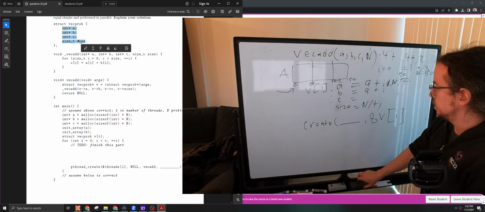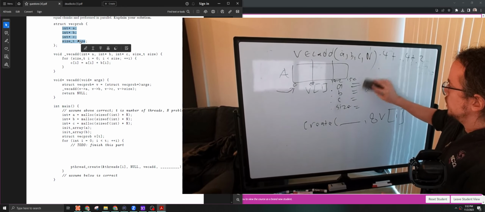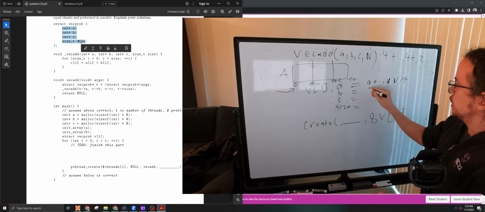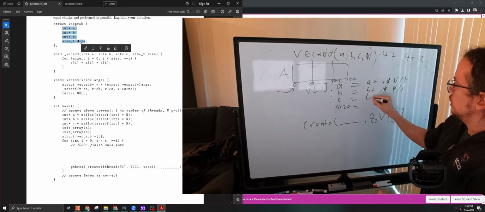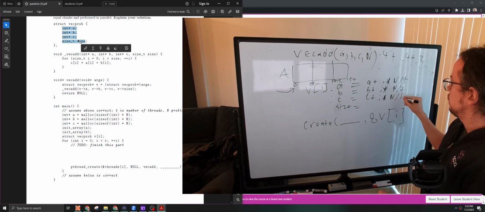So the overall solution, if I clean this up a little bit, is that the B and C arrays work the same way. So overall, you want A plus I times n over t, and likewise, you want B plus I times n over t. Likewise, you want C plus I times n over t.